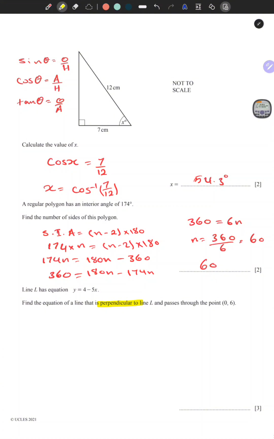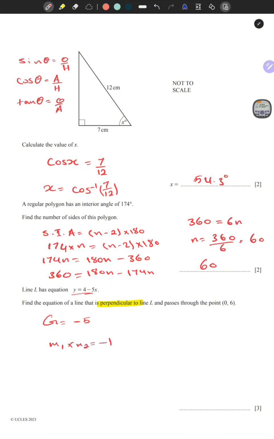So let's see how that works. Here the gradient from this equation is the coefficient of x, which is -5. And remember, it should be the coefficient of x when y is the subject of the formula. So gradient equals -5, and to find the perpendicular gradient I will use this rule, which is m1 times m2 is equal to -1.